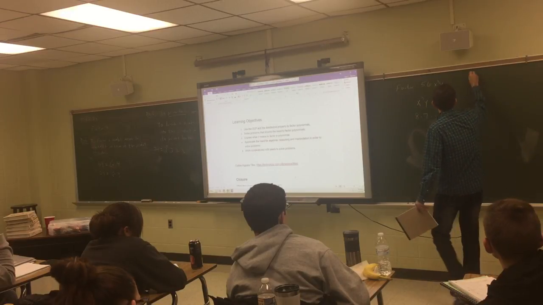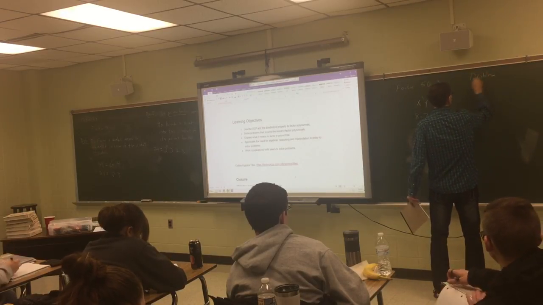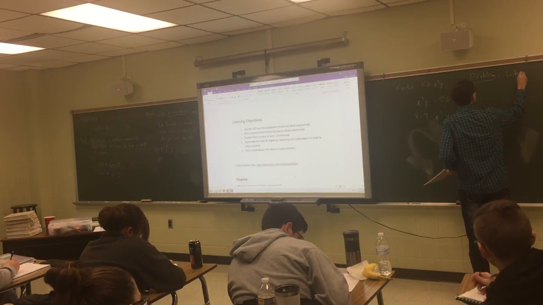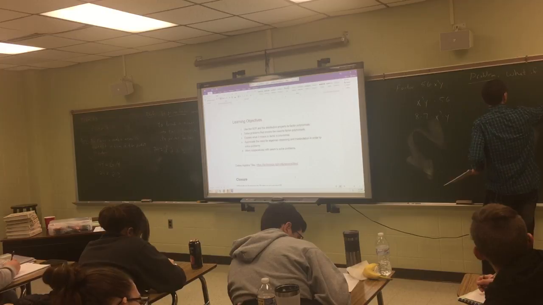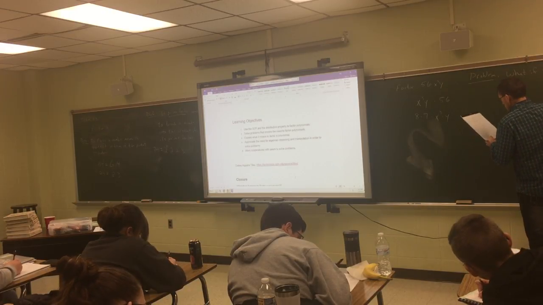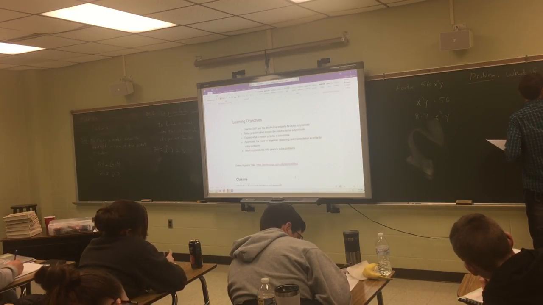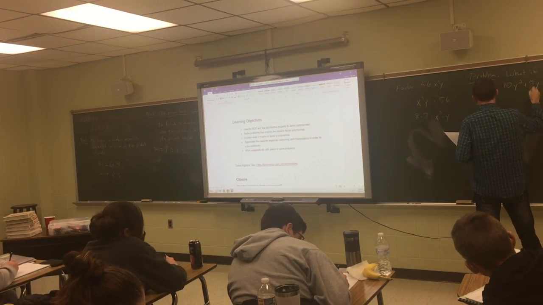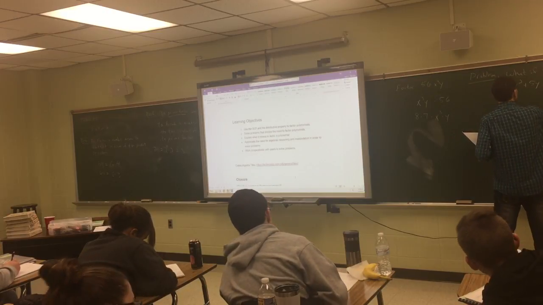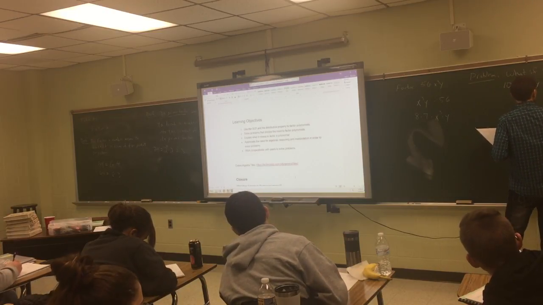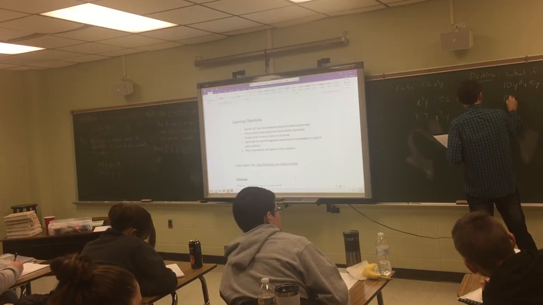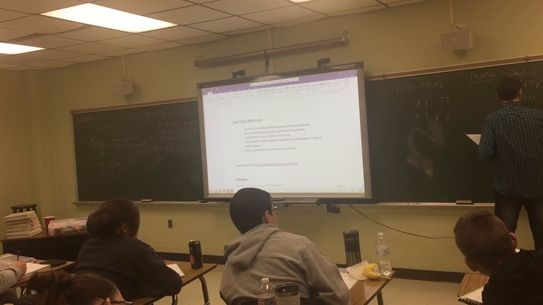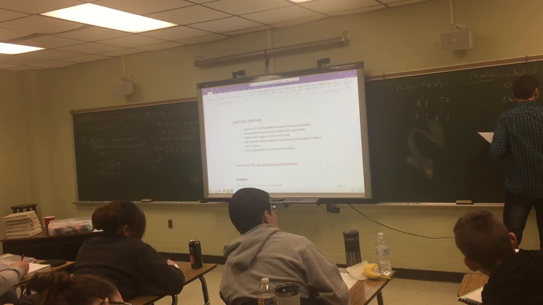All right, let's try another problem here. Similar to the first one, and some of you might have had a little problem with the first one, but that's all right. What if, I think you'll get this one, what if the area was 10y squared plus 5y, and you know that the length is 5y.